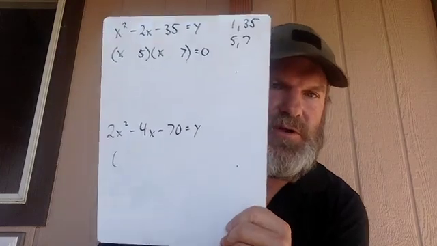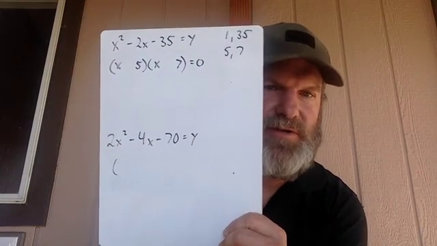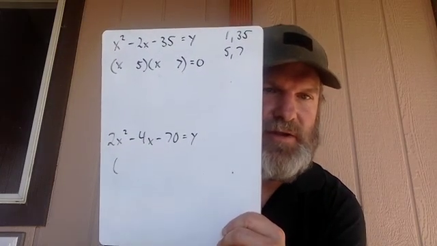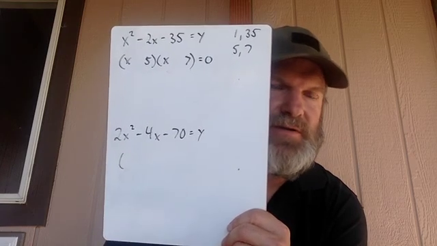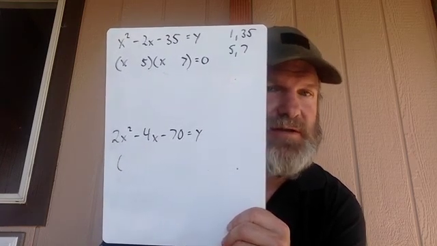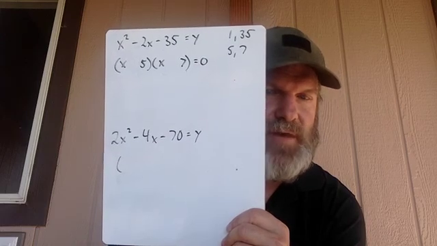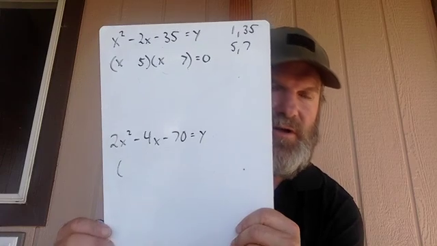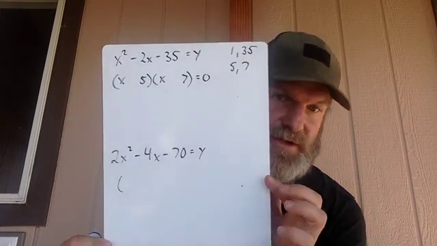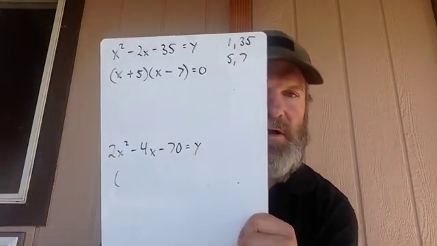I already told you we want to use negative 7, but if you didn't understand what I was saying there, you can write down the x and the 5 and the x and the 7, and then take a look at your b term. If your b term is negative, your bigger number is negative. If your b term is positive, your bigger number is positive. 7 is the bigger number. Your b term, negative 2, is negative, so 7 is negative. 5 is positive. So that's the factored form of that equation.